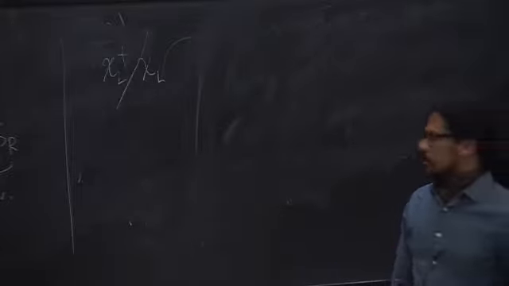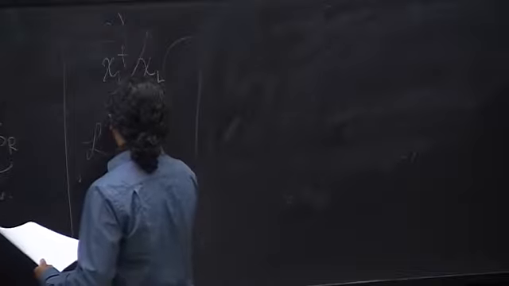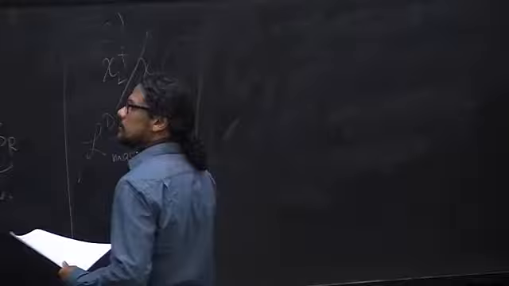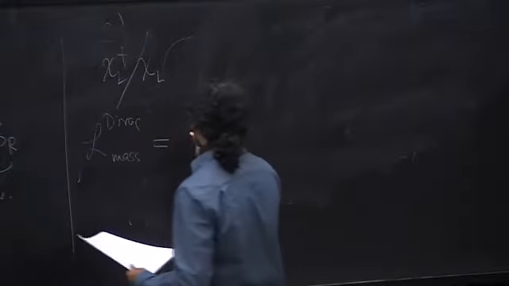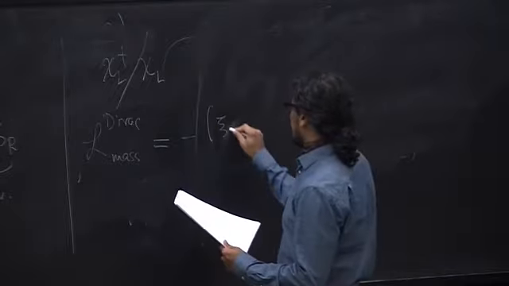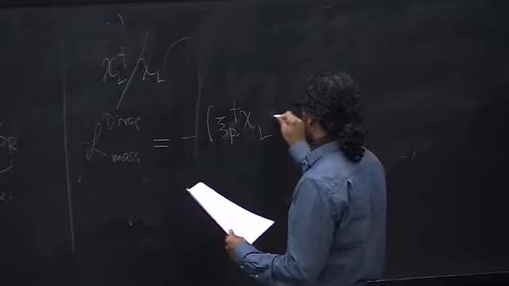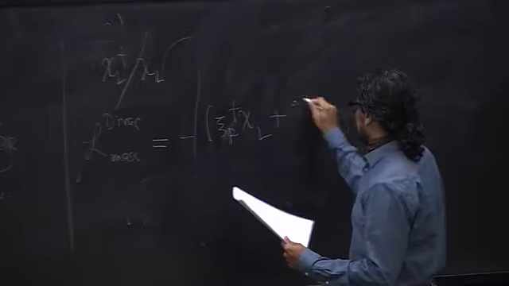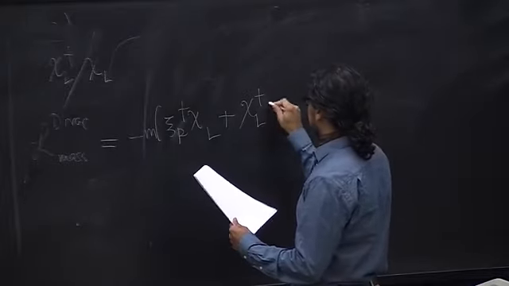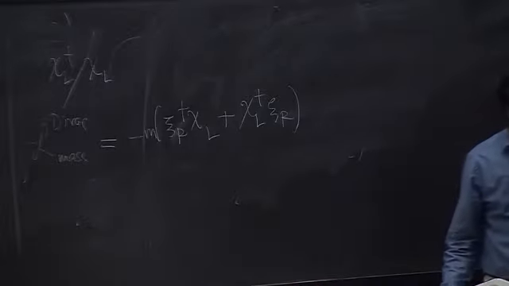If you write out the Dirac mass term in terms of Weyl spinors, you find it's not a mass term for each. As we mentioned earlier, it's actually a coupling between the left-handed and the right-handed Weyl spinor.